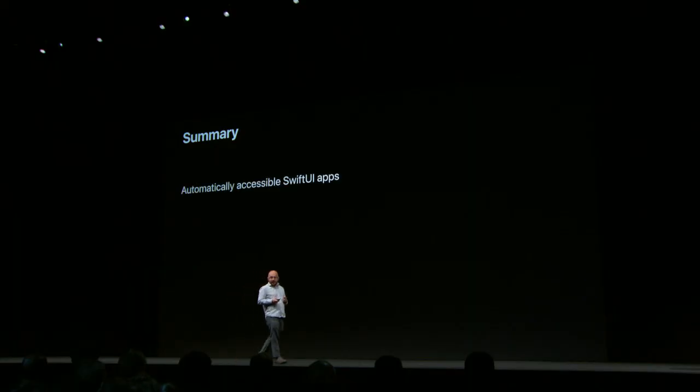So, a few points to summarize what we've talked about today. We have worked super hard at Apple to build SwiftUI so it can make your apps as accessible as possible by default. And we've designed SwiftUI with accessibility in mind from the very beginning. We've talked today about what a great accessibility user interface is.